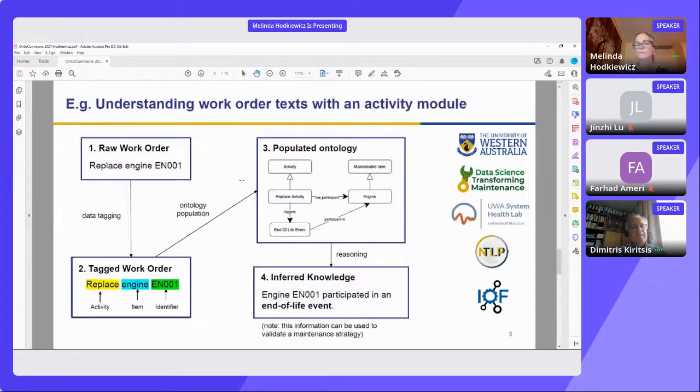So you have this tagged work order which identifies something, replace engine, something. I assume that this kind of text is in maintenance reports, which are written by hand or by computer or whatever. But should this text be formatted in a specific way, using specific terminology, or is it free text?